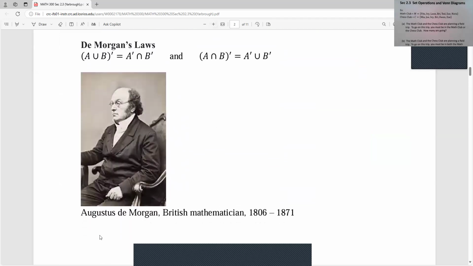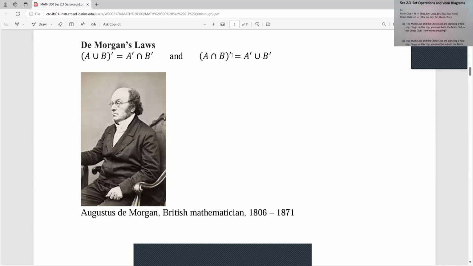There's something called De Morgan's laws, named after Augustus De Morgan, a British mathematician from the 1800s. And he noticed that these relationships hold. This says the complement of the union is equal to the intersection of the complements. Let me say that again. The complement of the union is equal to the intersection of the complements.